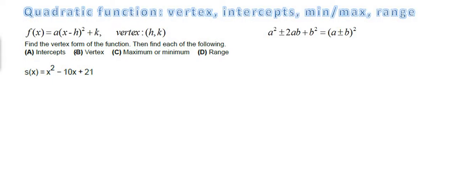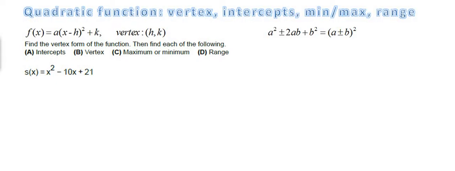S(x) equals x squared minus 10x plus 21. That is not vertex form, so we want to transform it to vertex form. How to transform it? We're gonna use the technique of completing the square, and the formula is here: a squared plus or minus 2ab plus b squared equals (a plus or minus b) squared.